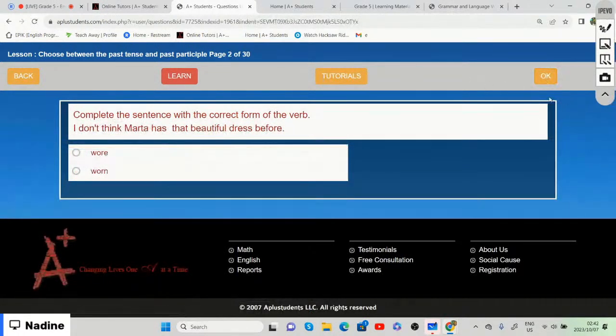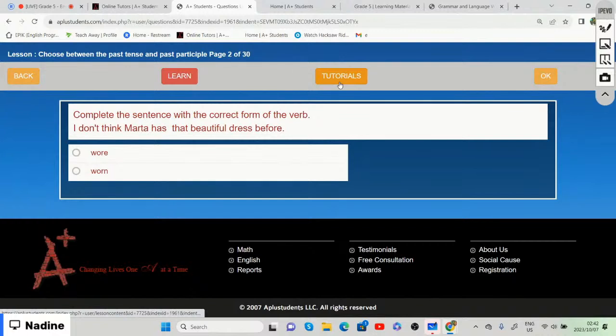I don't think Martha has wore that beautiful dress, or I don't think Martha has worn that beautiful dress. Which one is the correct answer? Which one is the correct form of the verb?